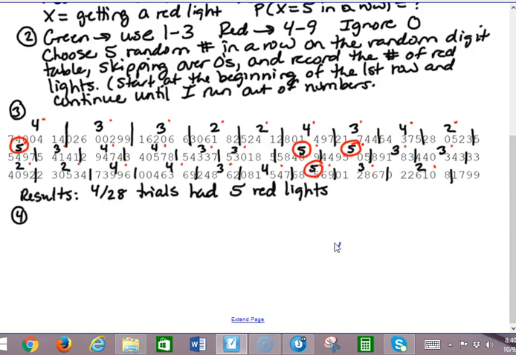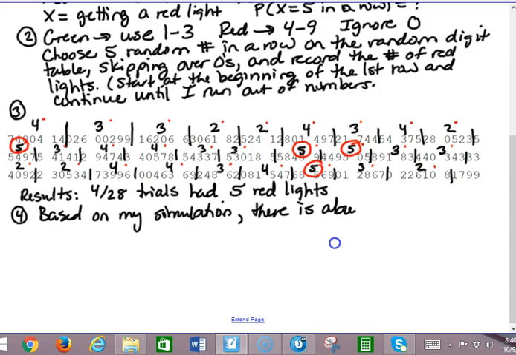Based on my simulation, there is about a 4 out of 28, which turns out to be 14.3% chance or probability of getting 5 red lights in a row.